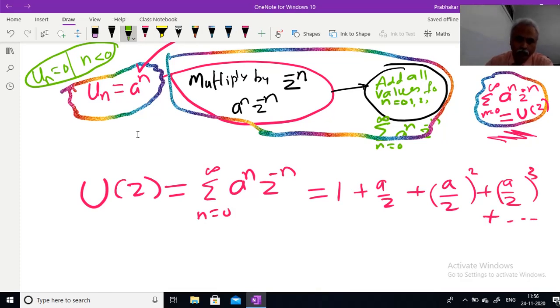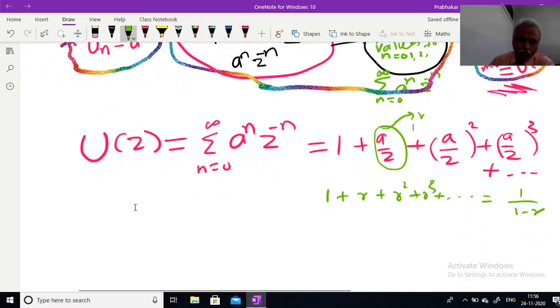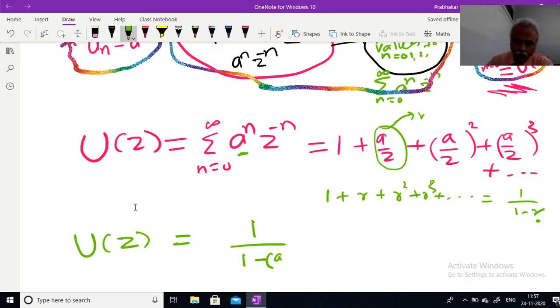We have heard of a geometric series. If it is in the shape of 1 plus r plus r square plus r cube, then we write it as 1 upon 1 minus r. Here this is our r. Hence, given a raised to n function, we convert it to a z function, 1 upon 1 minus r. r is a by z, so 1 minus r is 1 minus a by z.